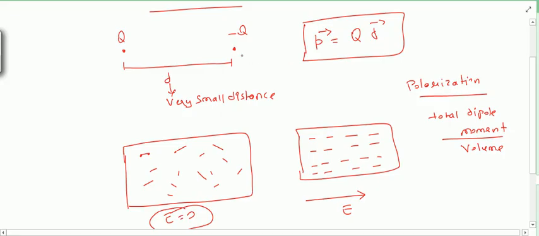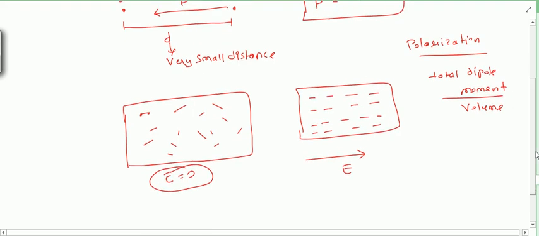Its direction is opposite to the electric field. That is, the direction of electric field is positive to negative. The direction of dipole moment is from negative to positive. So this dipole moment leads to polarization, where polarization is defined as the total dipole moment per unit volume.